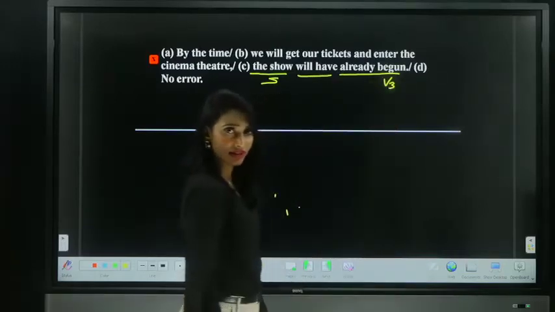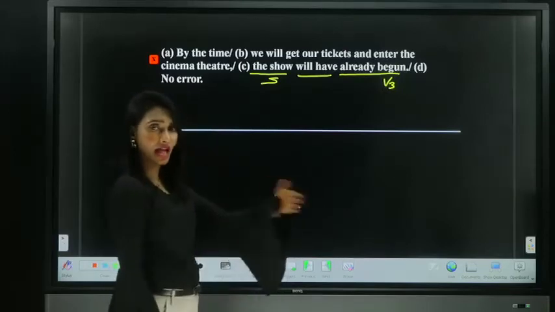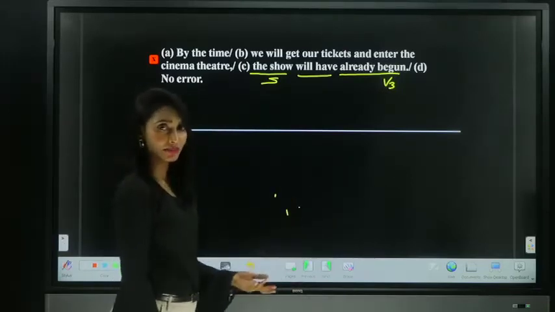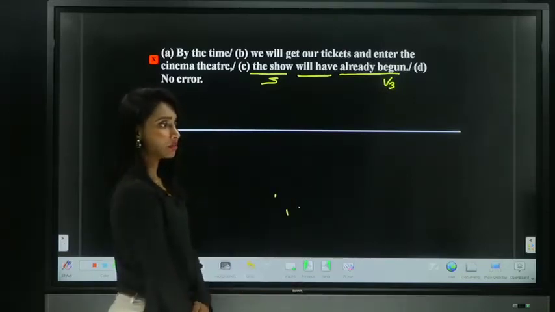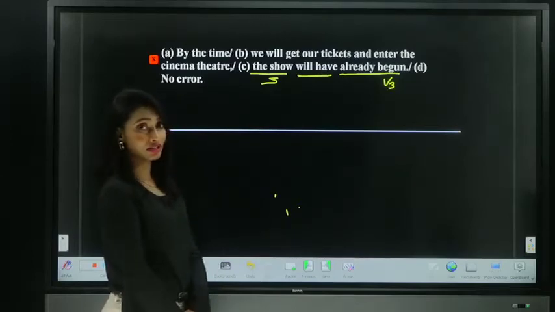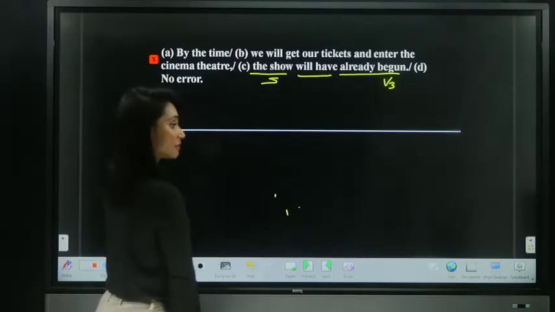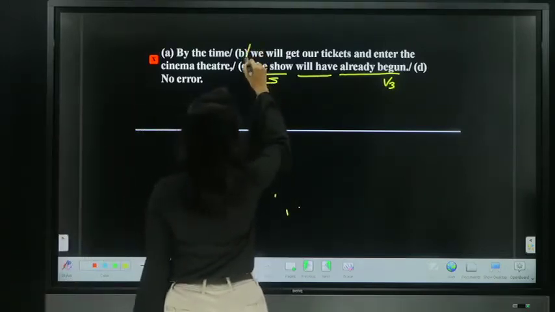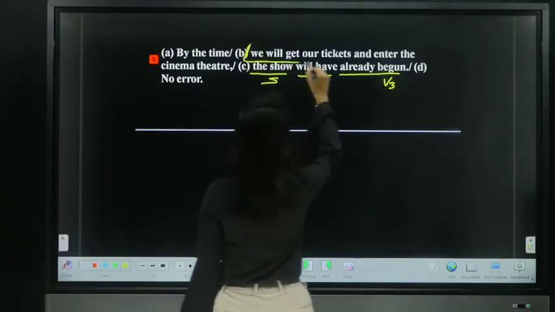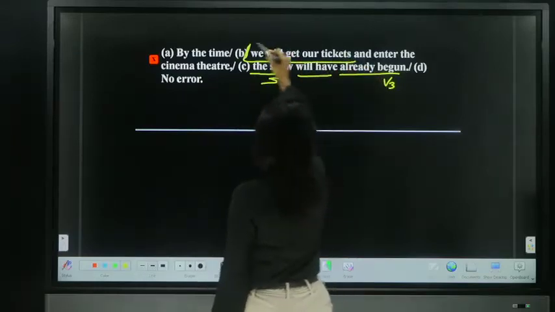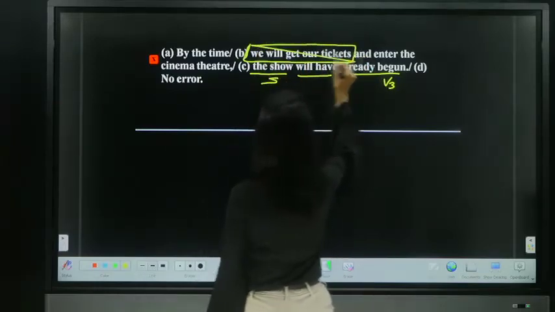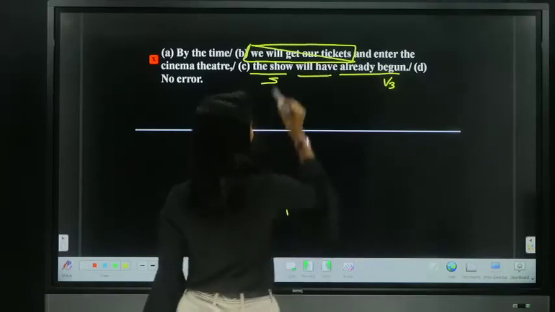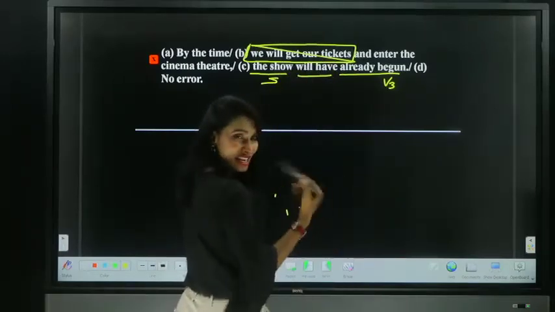It indicates future perfect tense, so it is correct. The action will have started in the future at some point of time. Now, no, Swapna, you're also wrong. It is not C. You're not observing well. So look at this: by the time we will get our tickets and enter the cinema theater. We will get our tickets.